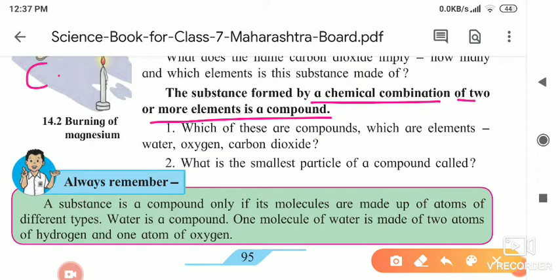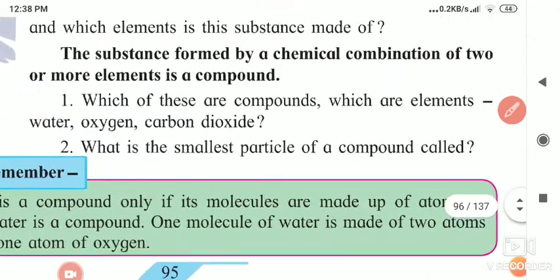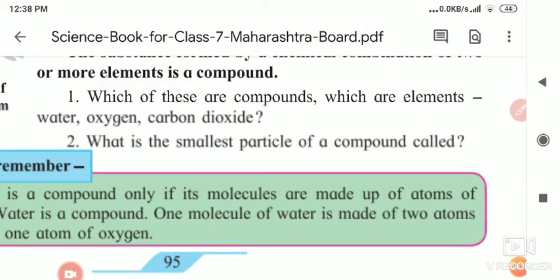For example, C12H22O11 has 12 atoms of carbon, 22 atoms of hydrogen and 11 atoms of oxygen. They combine together and form one molecule of sugar. And for CO2, 1 atom of carbon and 2 atoms of oxygen combine and form carbon dioxide.